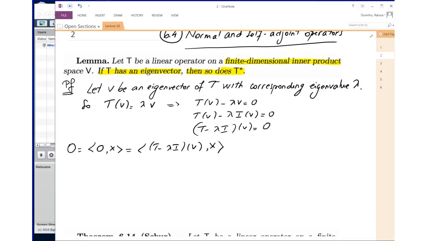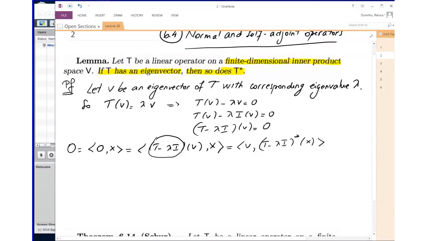Inner product with X. X is an arbitrary vector in V. This will end up being zero. But now that it looks like this, we can use the properties of the adjoint. So we're going to take this entire operator here and take its adjoint and move it into the second entry. So I need the adjoint of T minus lambda identity applied to X.